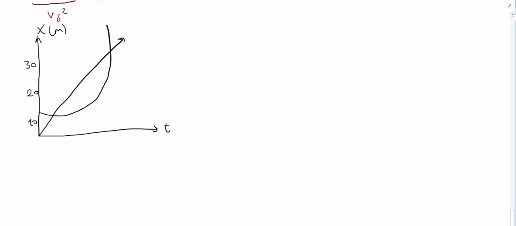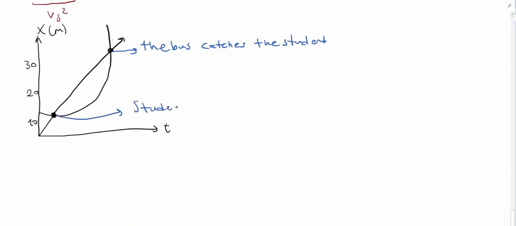Okay, so there are two intersection points, right? This right here is where the bus catches the student. Then this right here is where the student catches the bus. And this line is for the student, and this one is for the bus.